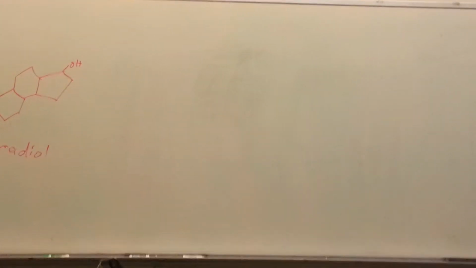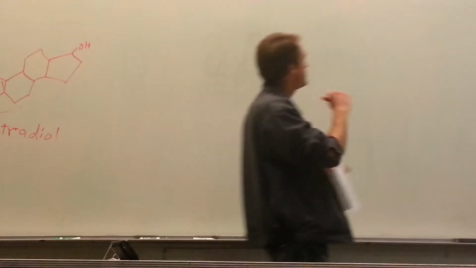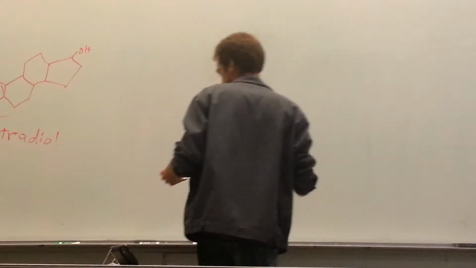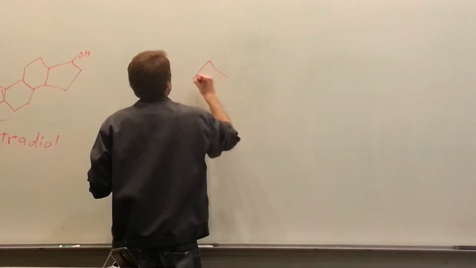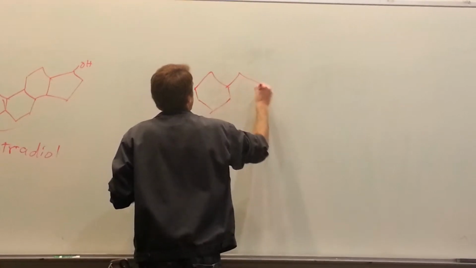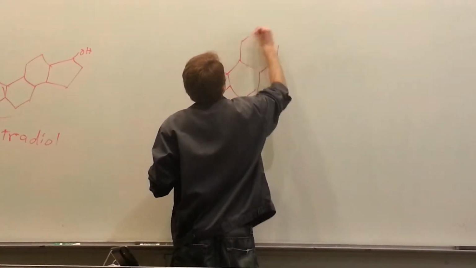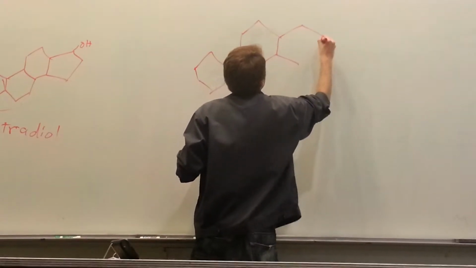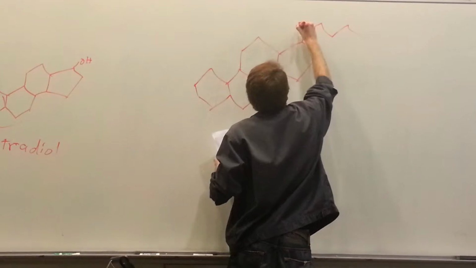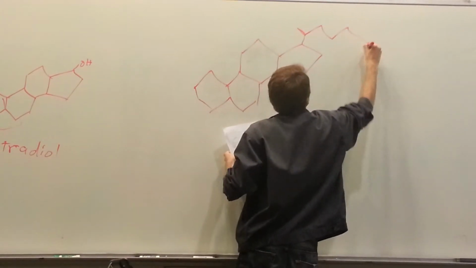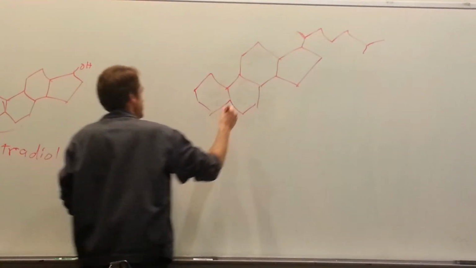There's another important one we're going to go over, because we kind of alluded to it before. That's the formation of vitamin D3. All right, so how that works, this is pretty cool. I know I say everything's cool, but it really is. Kind of messed up, but it's all right.